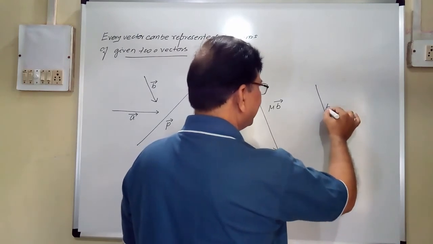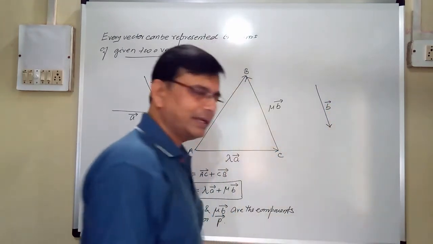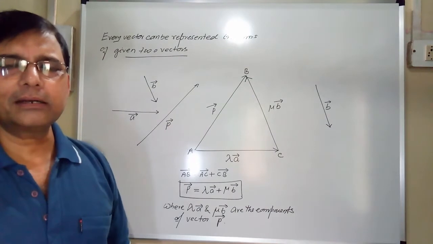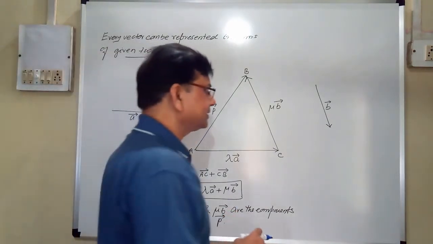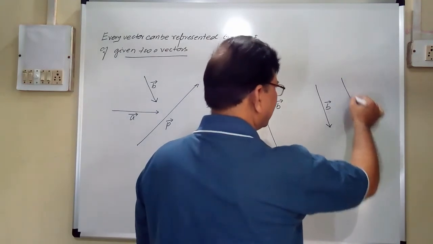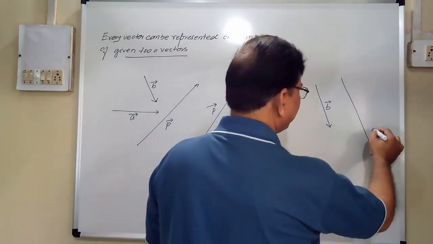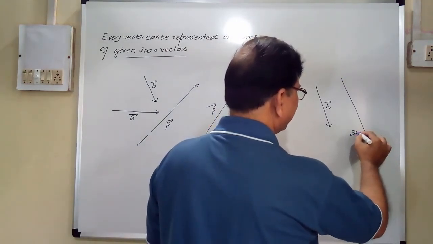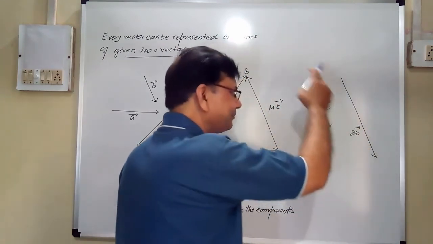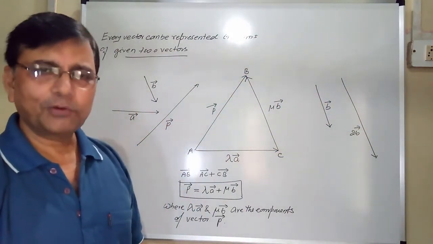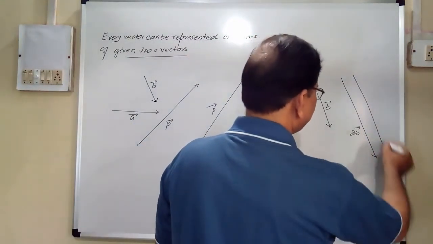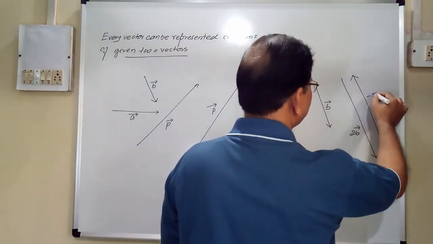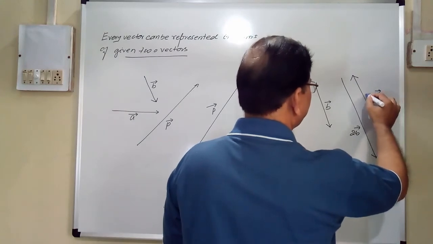This is B, right? Suppose I have to write minus 2B. So first, this will be 2B, direction is the same. And what will be minus 2B? Simply, this is the vector in the opposite direction, this will be minus 2B.